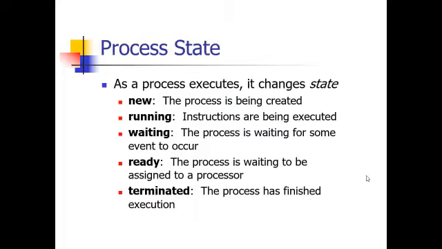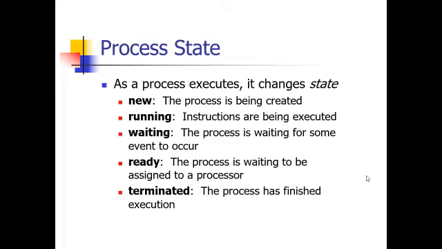A process will be in different states inside the operating system. When a program becomes a process, we call it a new process, and then it will be available for execution. When a process is executing and using the processor, the state changes to running.